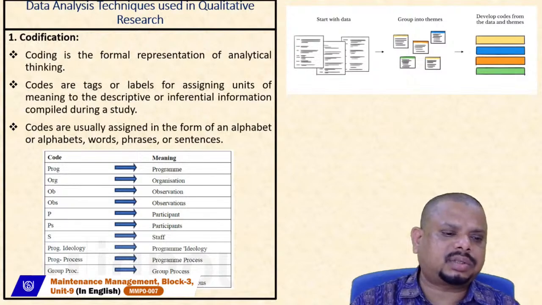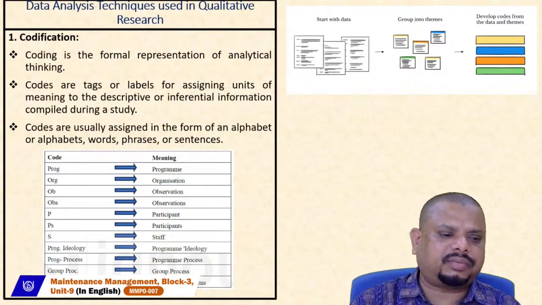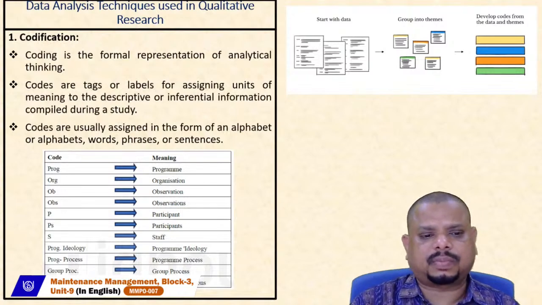P stands for participants, and PS stands for participant, S stands for staff, then PROG ideology, that is program ideologies, PROG process, that is program process, GROUP PROC, that is group process, then SUB-G, that is subgroup formations. So these are the common codes given in qualitative research.